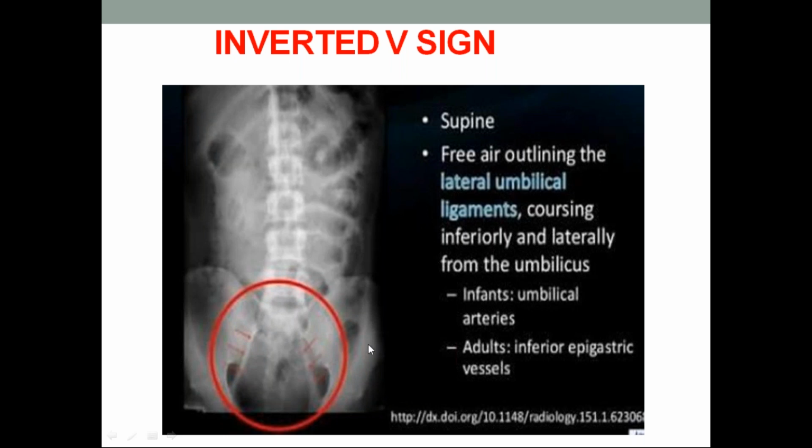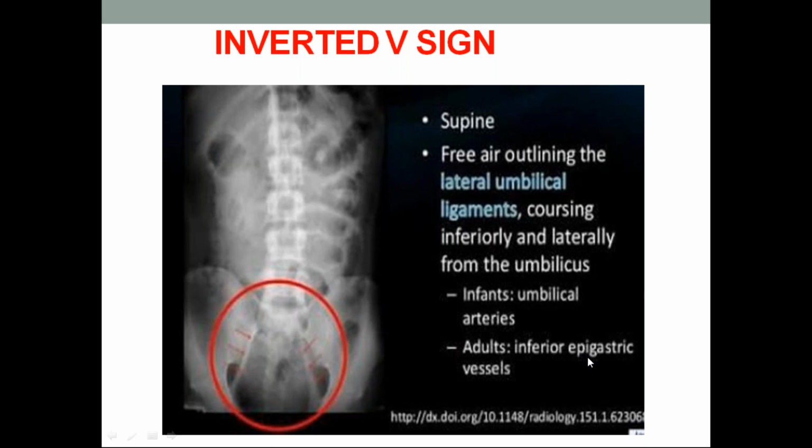In infants, normally the umbilical arteries, and in adults the inferior epigastric vessels, will be visualized. Please make a note.